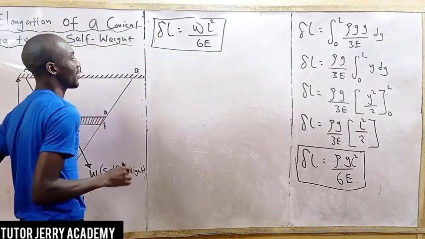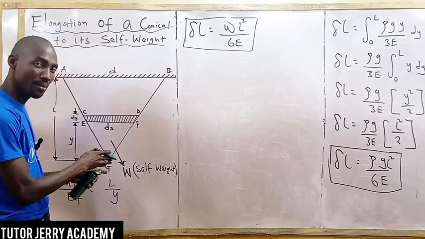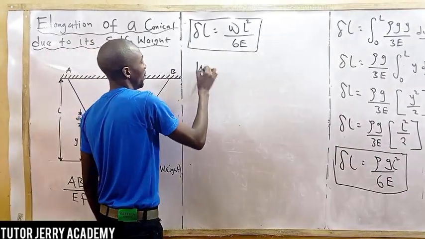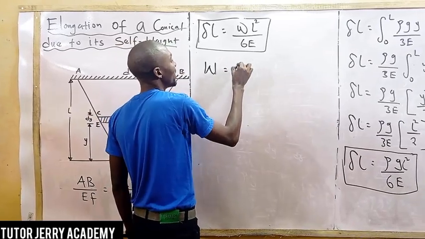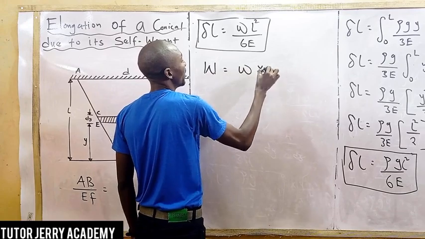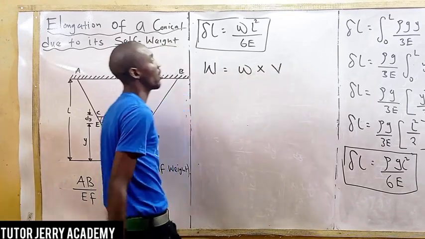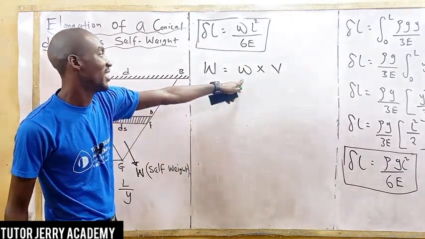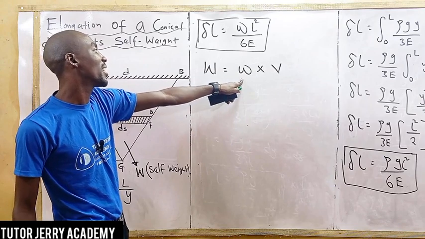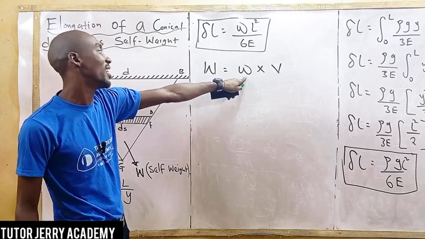All right, so let's further modify this again. We know that the self weight W is equal to weight density, which is denoted by omega, times volume, right? Let's make the weight density the subject.